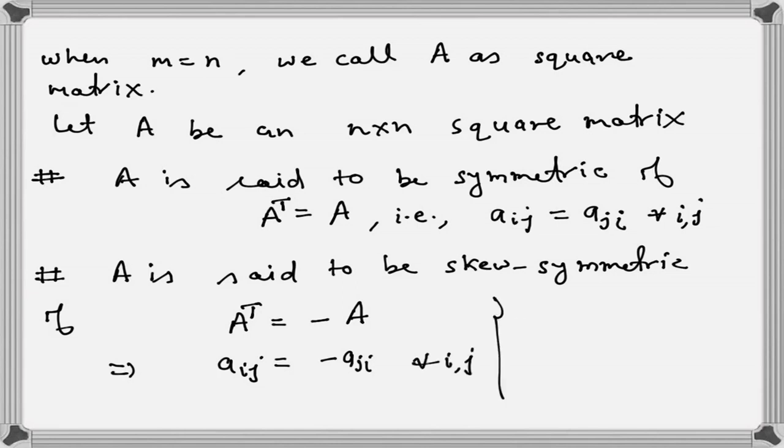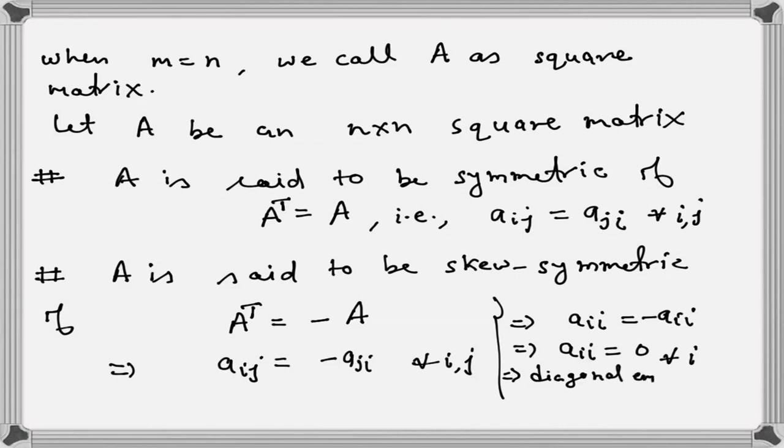This implies aii is equal to minus aii, which implies aii is equal to 0 for all i. So the diagonal entries are 0. So for any skew symmetric matrix, all the diagonal entries are 0.